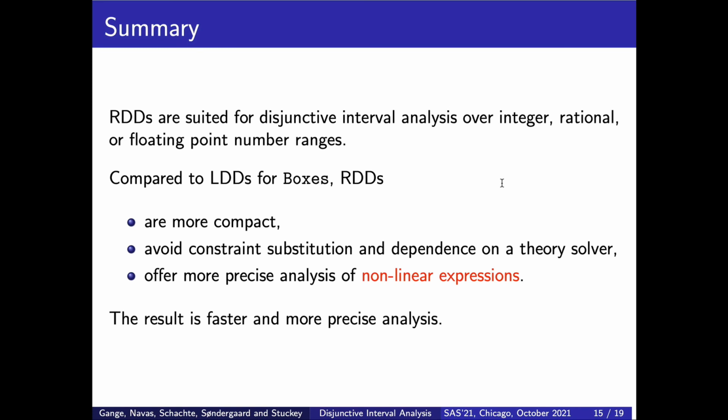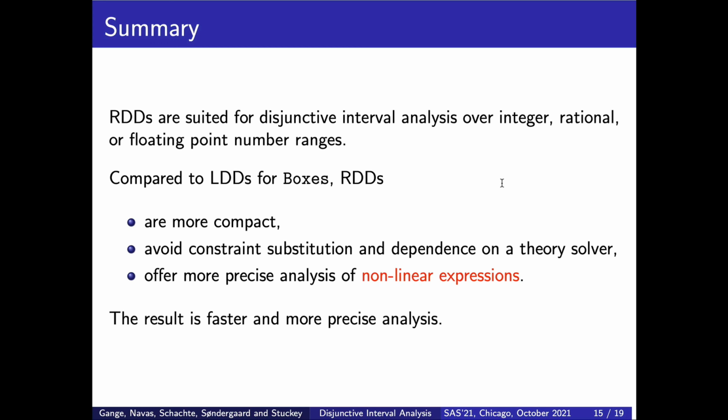So in summary, we have found that range decision diagrams are well suited for this problem of disjunctive interval analysis. The paper deals with the integer case, but the extension to rational or floating point number ranges should not be that difficult. And we have found that compared to LDDs for boxes, these range decision diagrams tend to be more compact.